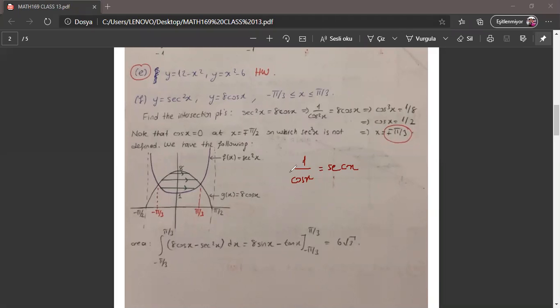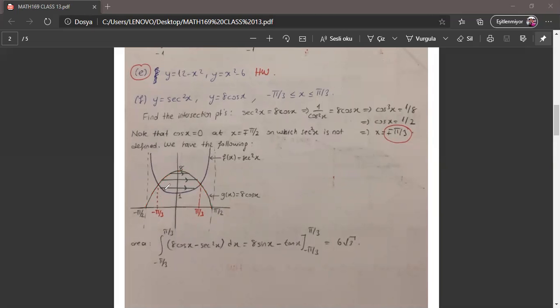So this equality means that you can take the symmetry of this curve, this cosine, right? It's because if cosine equals 5 at some point, then secant x will be 1 over 5. If cosine equals 1 over 2, secant x will be 2, right? So it's exactly this. It's logical because we take the symmetry, right?